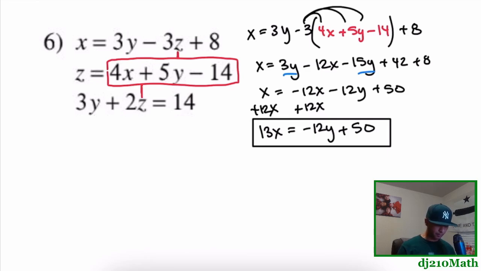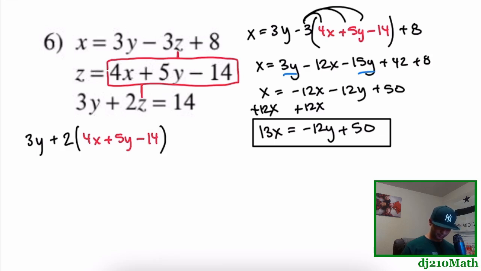Now I'm going to work the bottom equation. I'm going to plug the same z into the bottom equation. This is going to be 3y plus 2z, which in this case is again 4x plus 5y minus 14, equals 14. Right, all I did was plug it into the bottom. Distribute.